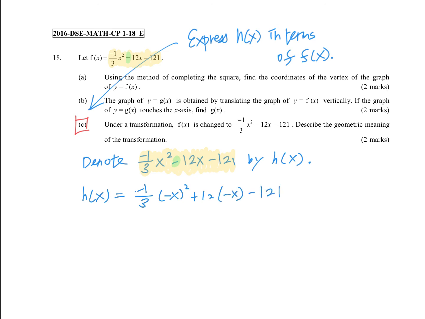By rewriting minus 12x into plus 12 times negative x, you can see that these two terms will agree. Similarly for the first term, the square of negative x becomes x squared, which does not change. So anyway, this one will become f(negative x).